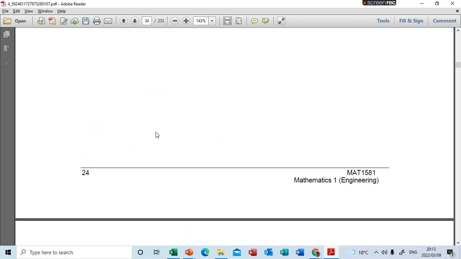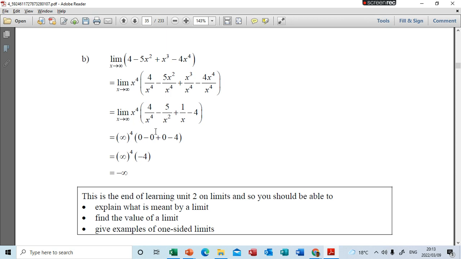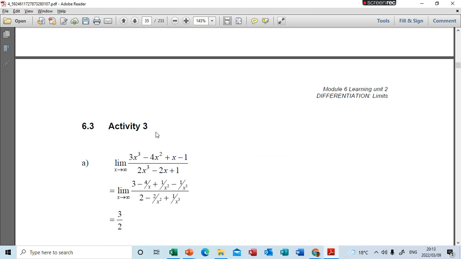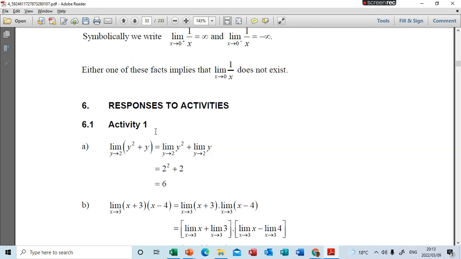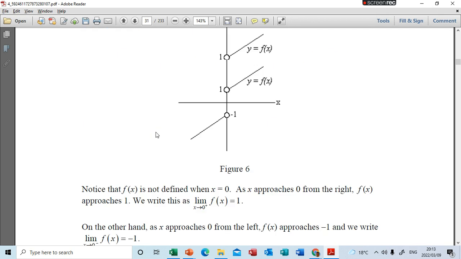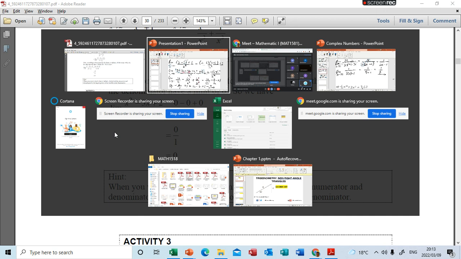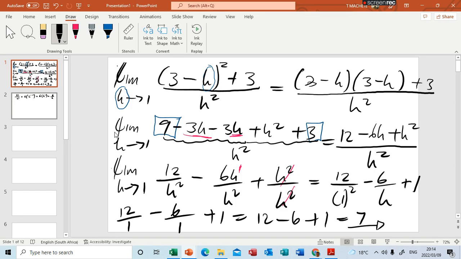Only two examples. This one is the exercise. I want more examples. It's fine, but as long as you understand the first two examples, it's easy.